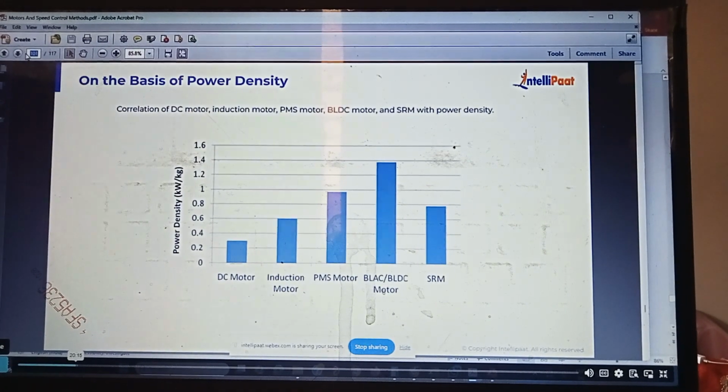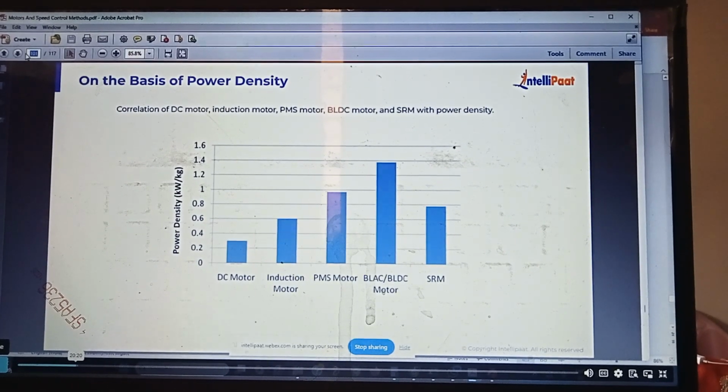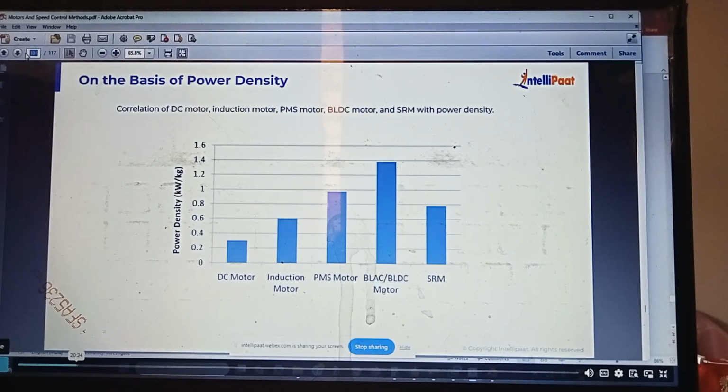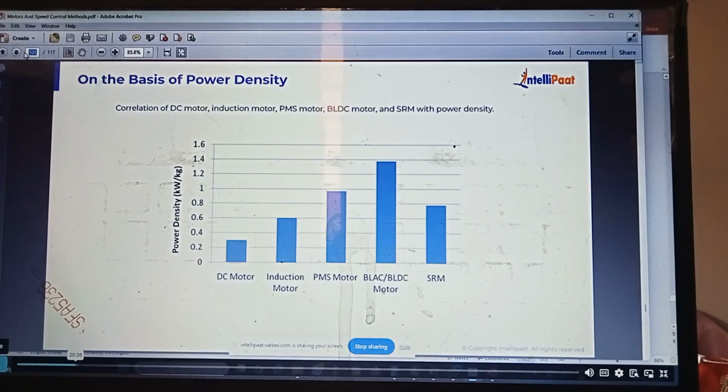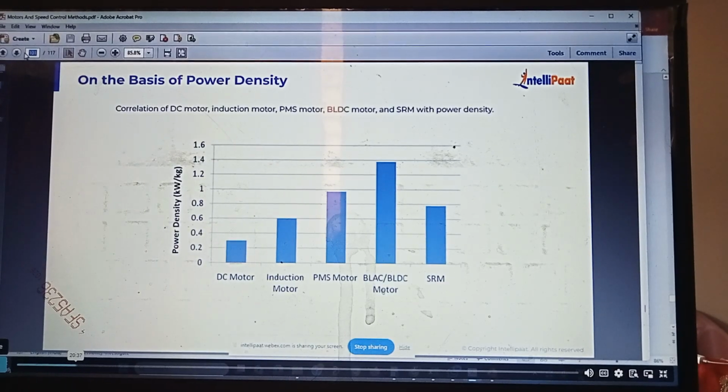The answer is that technically yes, DC motor can be used for electric vehicles, but DC motor has several problems. Major problems are there. They need higher maintenance. DC motors have brush and commutator arrangement, so that creates a problem for electric vehicle application due to maintenance requirement. Second thing is that they are not suitable for high speed operation.